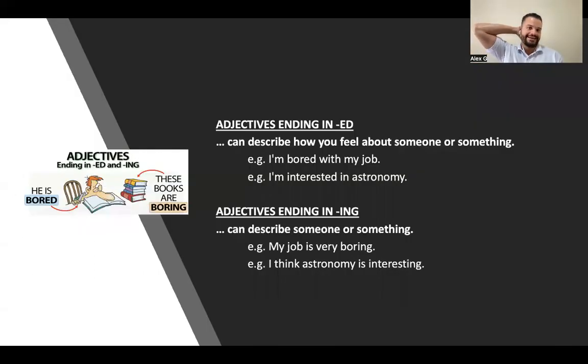Let's talk about adjectives ending in ed versus ing. They're actually very common, but sometimes students don't really understand what's the difference between an adjective ending in ed, and they think it's a verb in the past, but it's not a verb. It's actually an adjective.